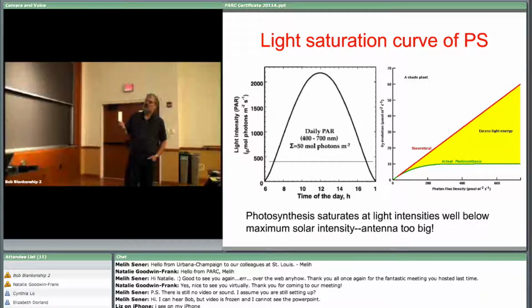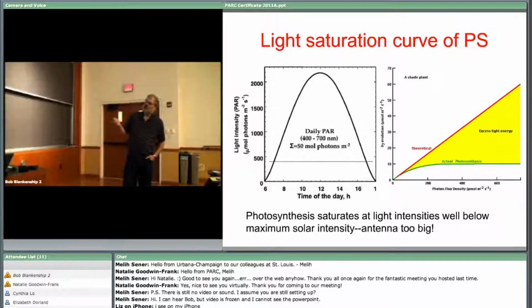But what happens is that if you look at the rate of photosynthesis as a function of the intensity, at 12 o'clock you'll be up at this very high intensity of light, and what you'll find is that the rate of photosynthesis will saturate. So you start off at low intensity here, more or less linear with intensity.